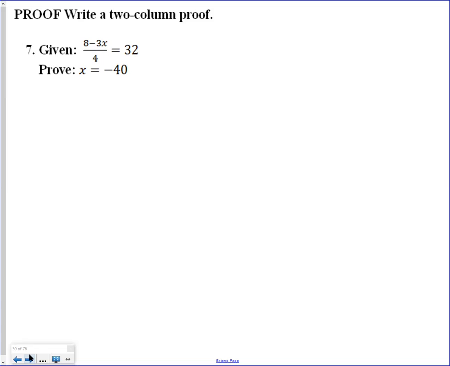So we should be able to solve for x for this problem since at least last year's algebra class, if not the year before in pre-algebra, if that's the class that we took. So again, you start by writing your given and what you're trying to prove. Then we make our 2 columns.